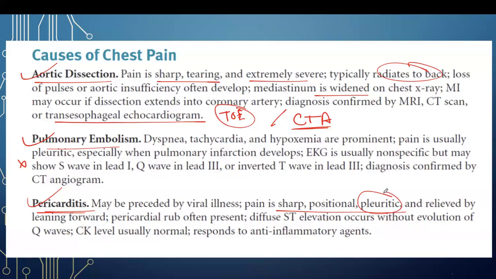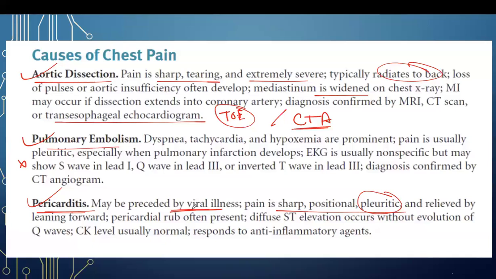Many times, pericarditis pain can happen with a one week history of upper respiratory tract infection. That is the most common cause. So they get a viral infection, maybe just a flu, and after that, they get this kind of sharp stabbing chest pain. There might be a pericardial rub present sometimes on auscultation, not always.